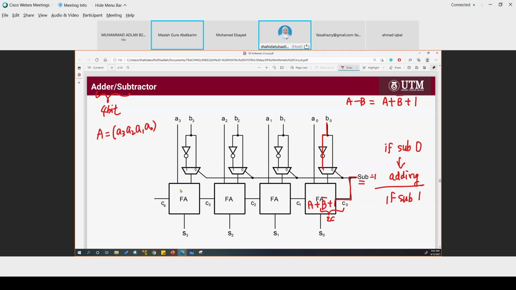Yeah, but 1 could be 0 and 1, right? Okay. I'm sorry, no wonder some of you are confused right now. It's this one: A0 plus B0 bar plus 1. So this is only one bit and then it will ripple.